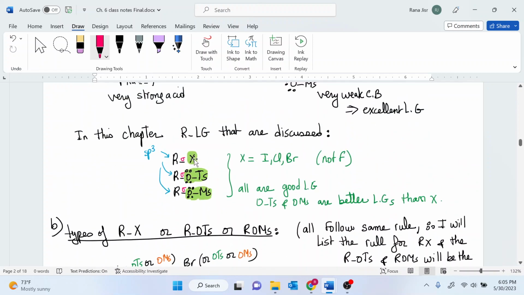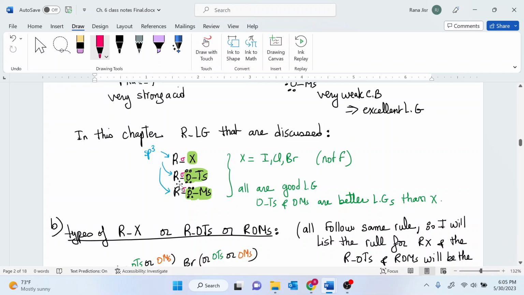Now, the type of the leaving group does not affect whether the reaction is an SN2 or SN1, because SN2 and SN1 always happen with any of those leaving groups. The type of the leaving group is going to affect the speed of the reaction.